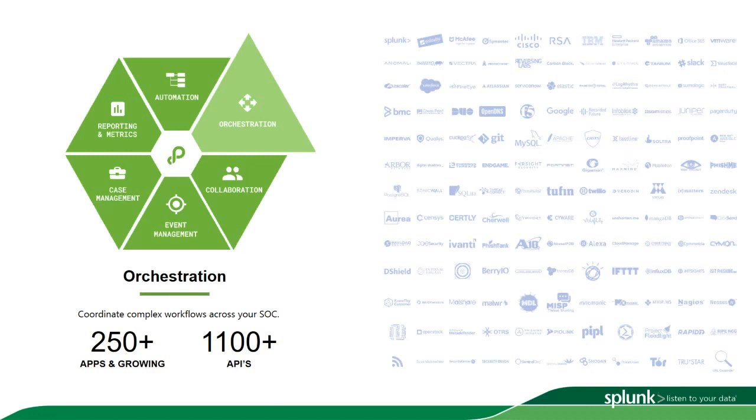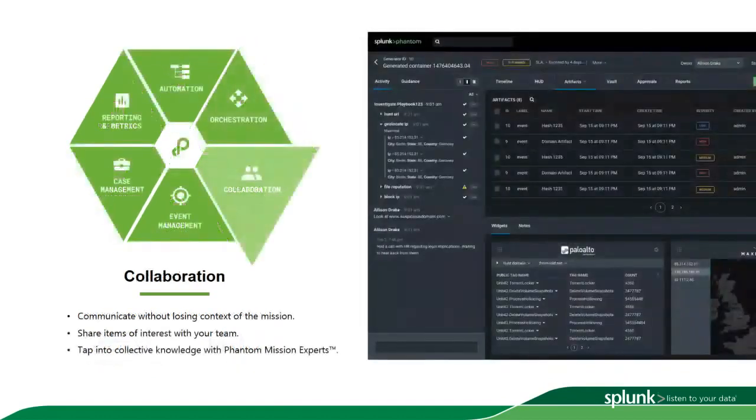You go to the next slide. Next is collaboration, a very important part of Phantom. Collaboration is very important within any security operation center, which allows you to communicate while staying focused on your current mission. Communication within the team.